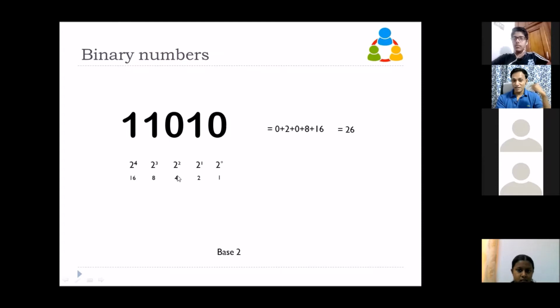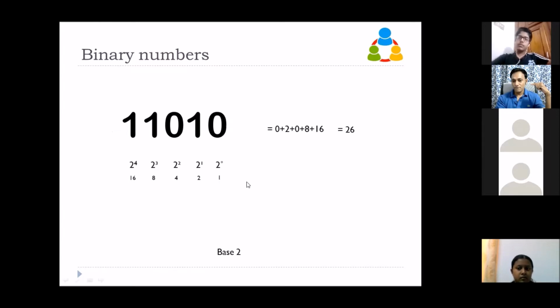See, if this is 1, the value is 4. If this is 0, the value is 0. If this is 1, the value is 2. If this is 0, this position value is 0. If this is 1, the value is 16. If this is 0, the value is 0. If this is 1, this is 32. If this is 1, this is 64. Do you all understand this?